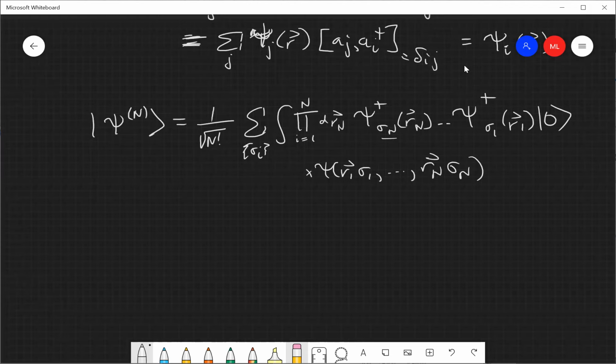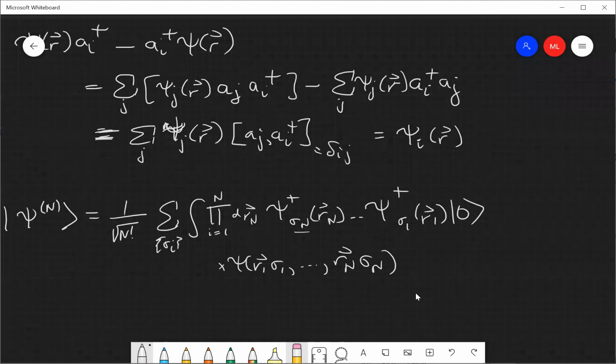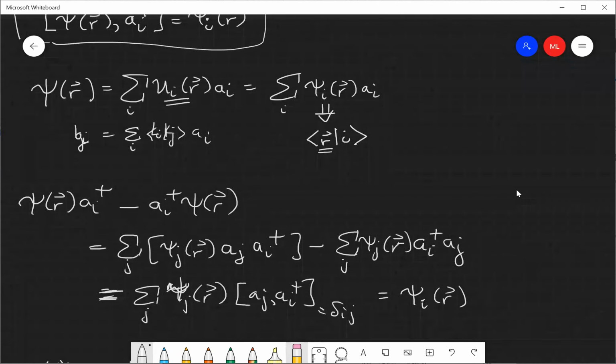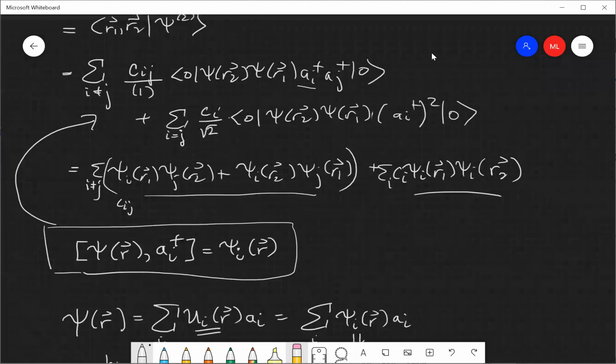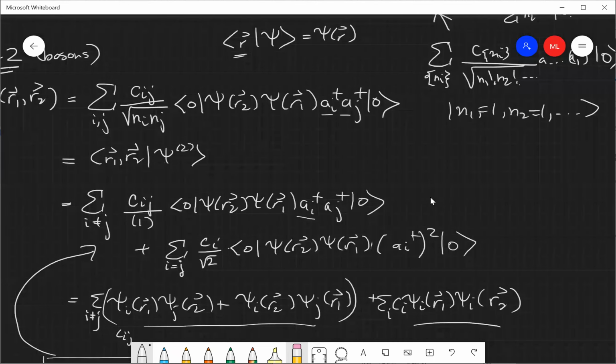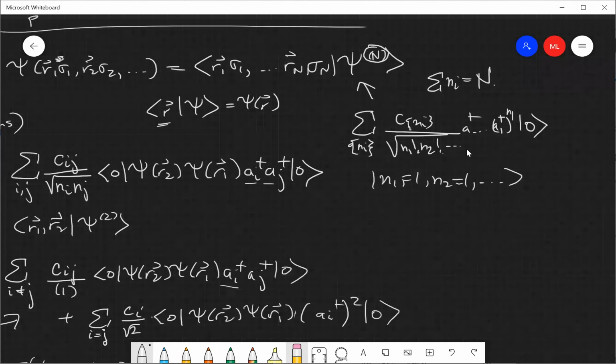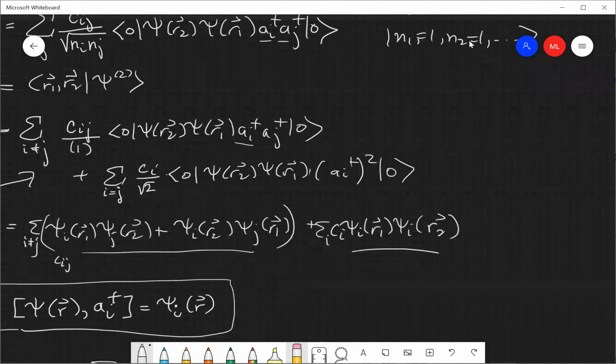This is in the position space basis, or if I want to write it in terms of the energy space basis, then I would use this. Just look back at the first lecture on second quantization, where you pop particles in at particular energies. So it's the same thing.